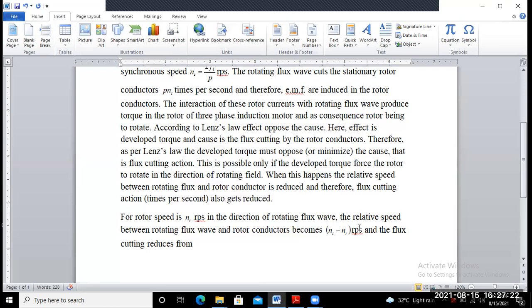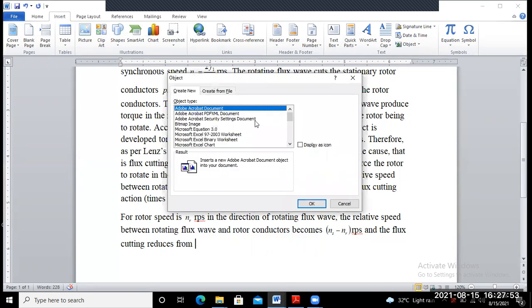So flux cutting action was initially, at the stationary condition, P into ns times, where P is your number of poles of the machine and ns is your synchronous speed, at which speed the rotating magnetic flux rotates, is it not? So it reduces from the stationary point, that means P into ns times, to P into (ns minus nr) times.